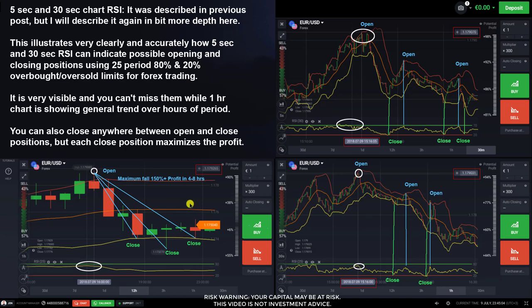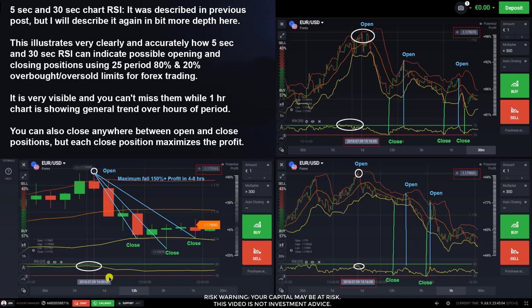If you look at the left bottom chart, it's a 1 hour chart, and there's a very big peak on the 1 hour chart where I'm circling here. And if you look at the bottom RSI, it is also almost touching the top RSI of the 1 hour chart.